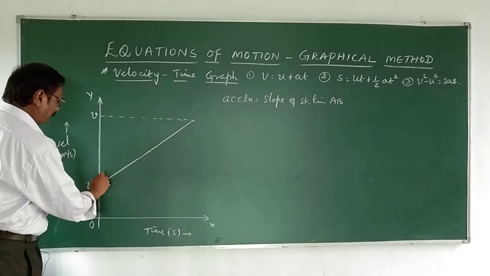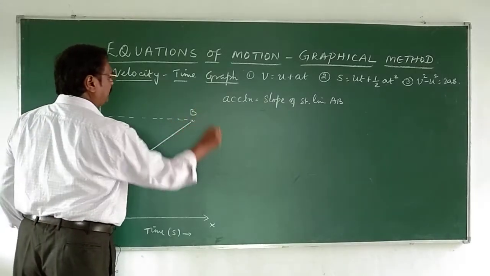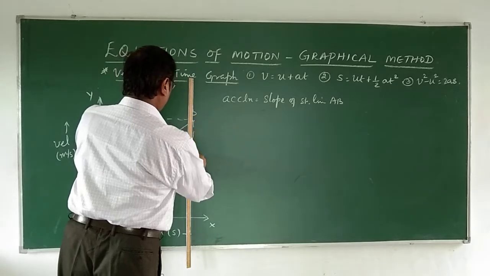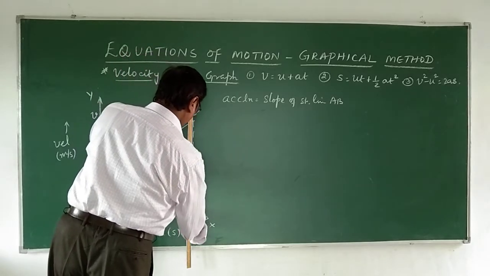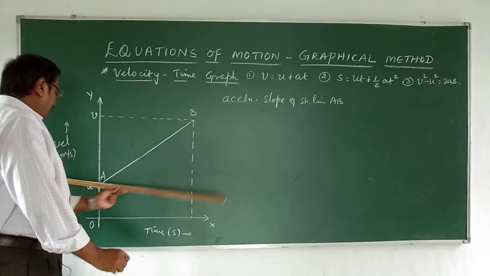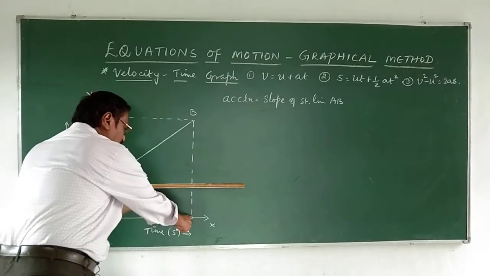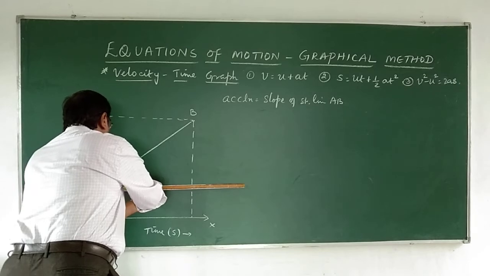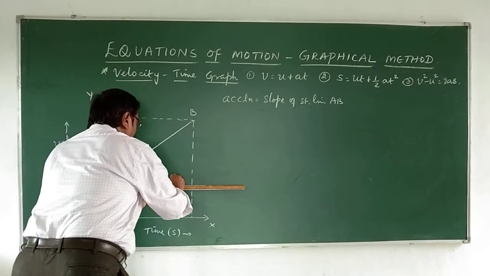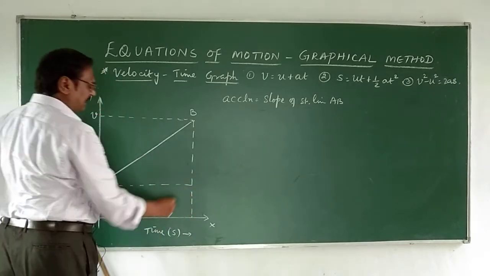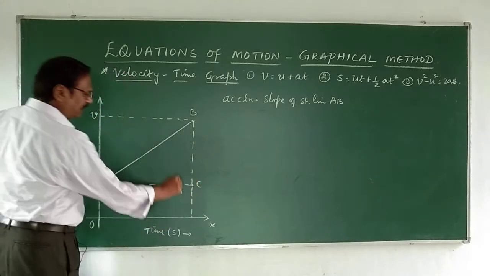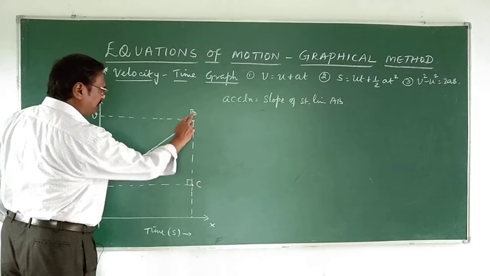Let us say this is point A and this is point B. We need to calculate the slope, so let me draw a normal. The point is not from zero, so I draw a line parallel to the x-axis. Let us say this point is C. You see the right-angled triangle ABC.